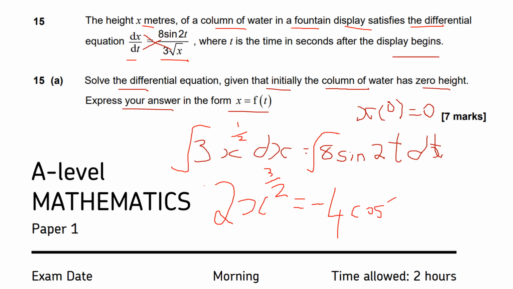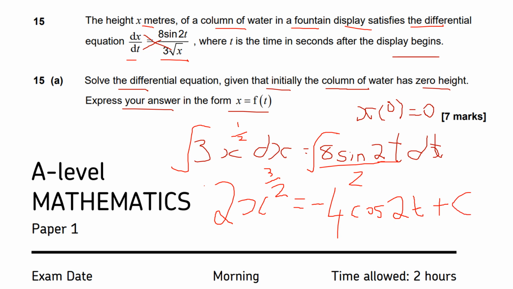You differentiate the 2 and then divide by it. Sorry, that is obviously for integration. If you're differentiating that, it would come out as a multiplier. But if you're integrating it, you differentiate this and then divide by 2. And then put the plus c.